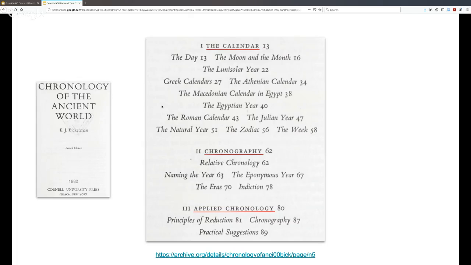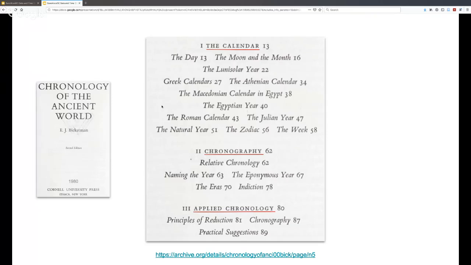Then we have chronography, and here we refer to relative chronology, then absolute chronology, and then the name of the year. Here we have a distinction, because in the calendar we refer to the calendar date, which repeats itself periodically every year, and then we have the chronographic date, which occurs only once.